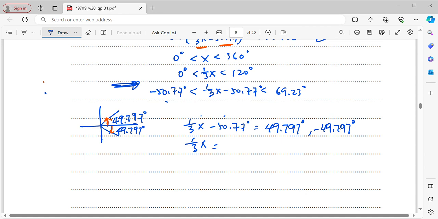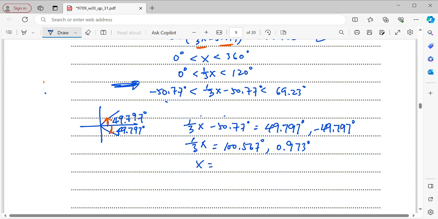So when you plus with 50.77 degrees to the results on the right side, the first one becomes 100.567 degrees and then the next one is going to be 0.973 degrees. Okay, and at last you get to times the whole equations by 3.